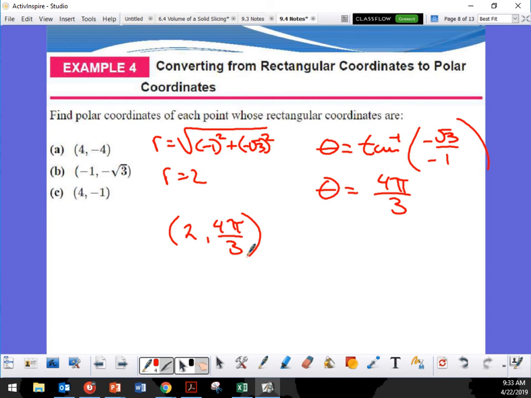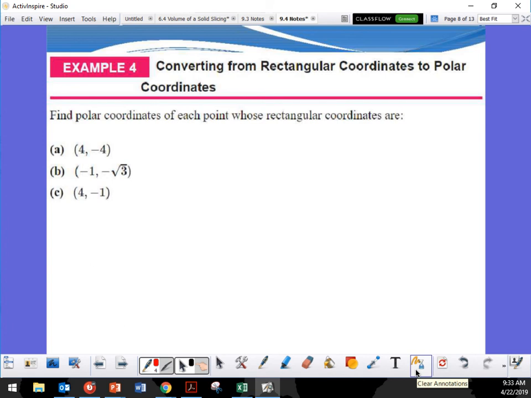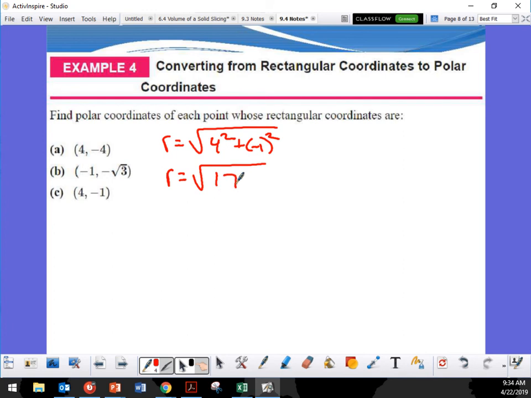Okay, last one here. Okay, so let's go ahead. We get r equals square root of 4 squared plus negative 1 squared. So that's going to be r is equal to the square root of 17. Yeah. And then inverse tangent.